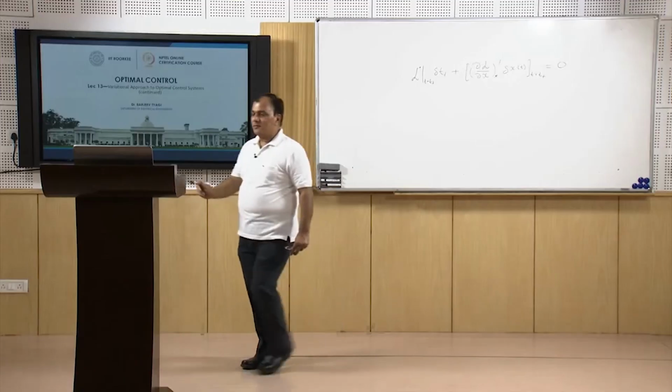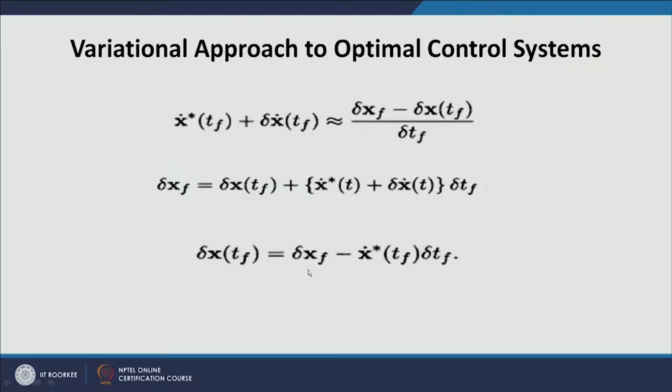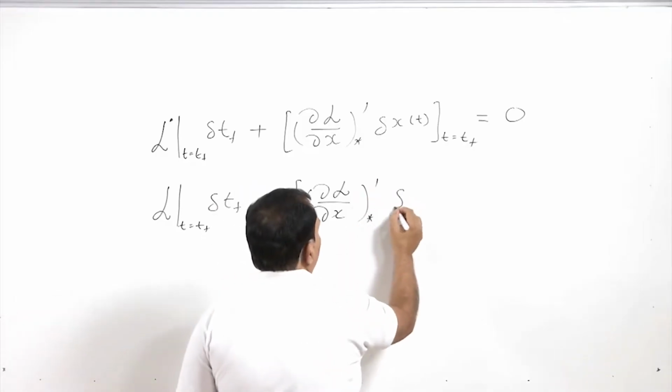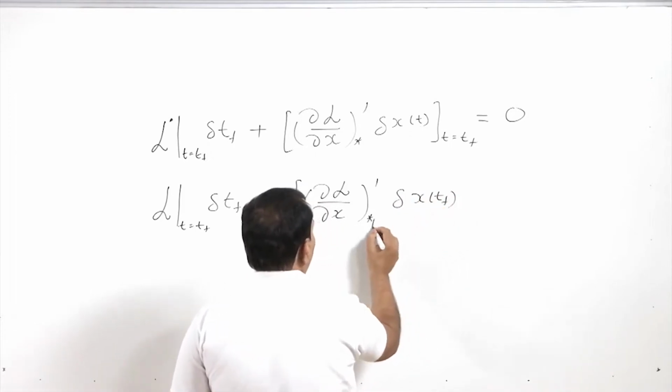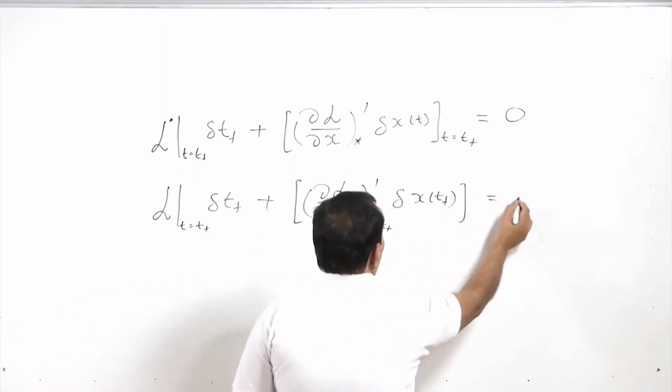So, in this condition I will place delta x of Tf as delta xf minus x dot of Tf delta Tf. So, I take L at Tf point delta Tf plus del L by del x prime and delta x of Tf, and this is also at t equal to Tf point. So, this is equal to 0.